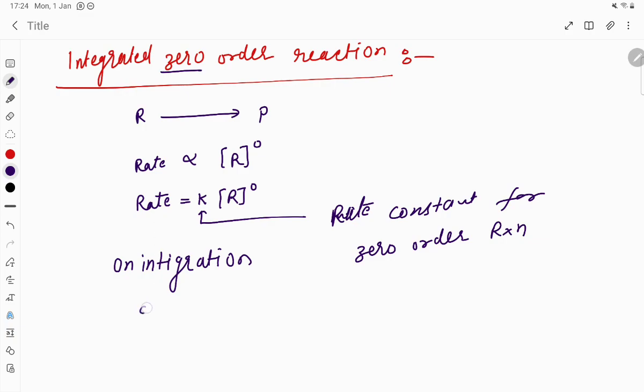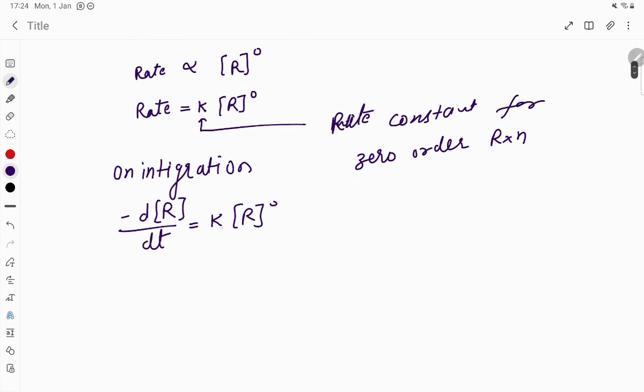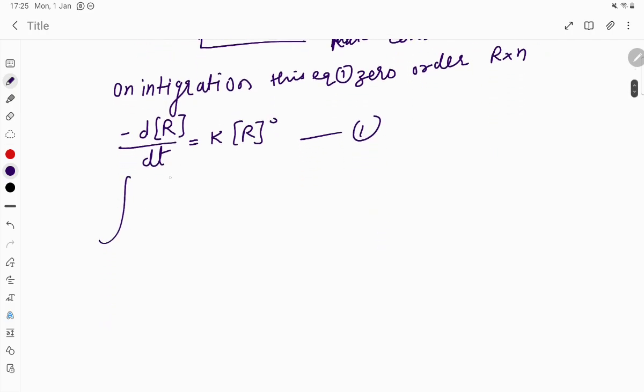Rate we can write as minus dR by dt, which is equal to k R power 0. This is equation 1, and this is the equation we are going to integrate.